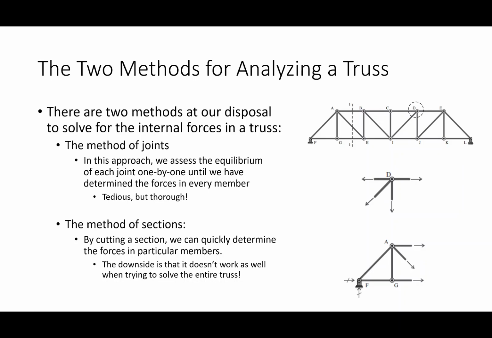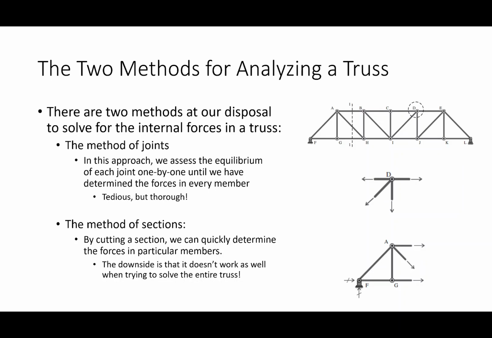Granted, I will grant you that the method of sections is a lot better for quickly checking the force in one member or quickly checking a result for a given analysis. But the method of joints is a lot more methodical. It's a lot more thorough. It is tedious, but the beauty of the method of joints is, for one, you have fewer equations of equilibrium to deal with, but 2, it'll give you the solution for the entire system.